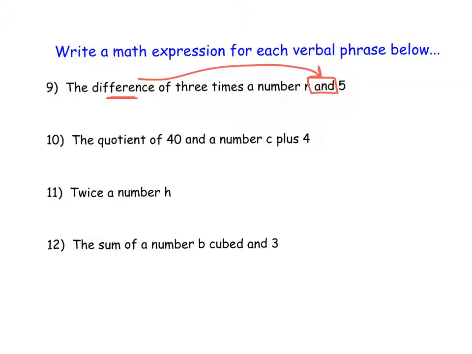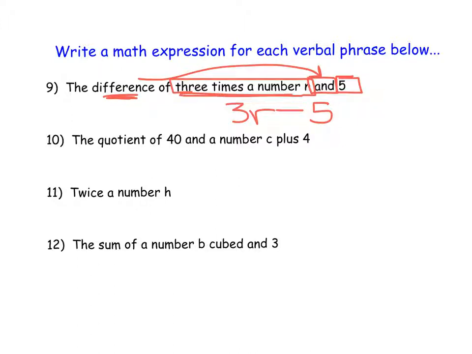So your subtraction is occurring between 3 times a number n and 5. So the 5 goes on this side, and the 3 times a number n goes on this side. So that's where you really have to read, okay, the first operation was subtraction, so we're finding the difference between this and that.